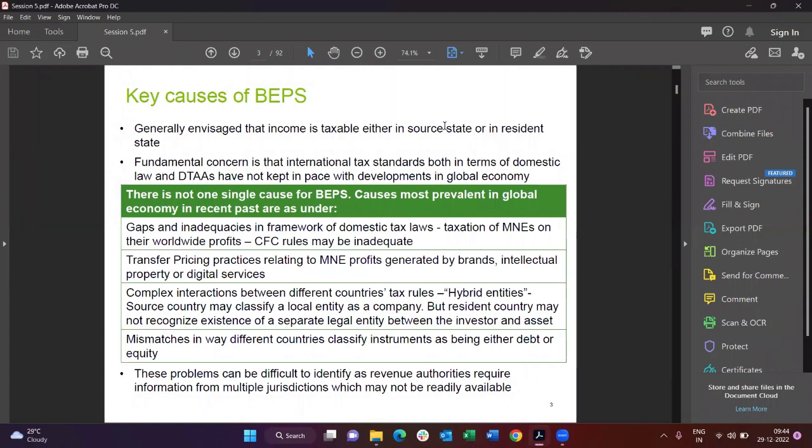And there are very complex transactions. These group entities always engage in very complex transactions, and so many countries will be involved. Ultimately, their goal will be to avoid taxes. So there are many causes for BEPS.